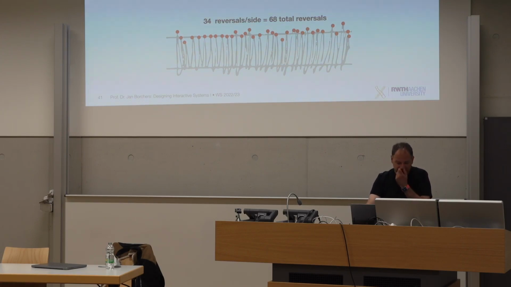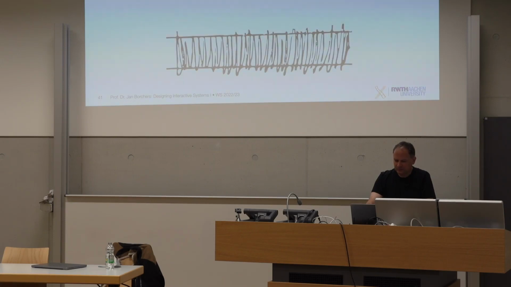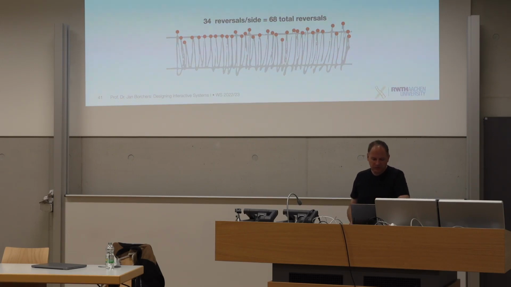So just do that calculation in your head real quick. And we should end up with a number here. Maybe we can get a few ideas on how many milliseconds per reversal did you use?